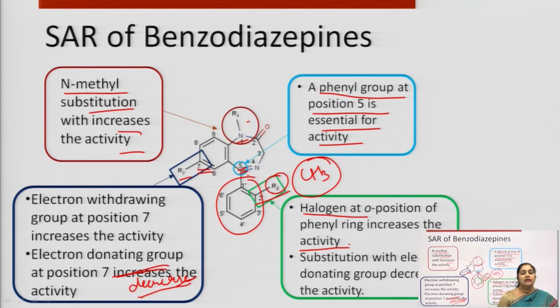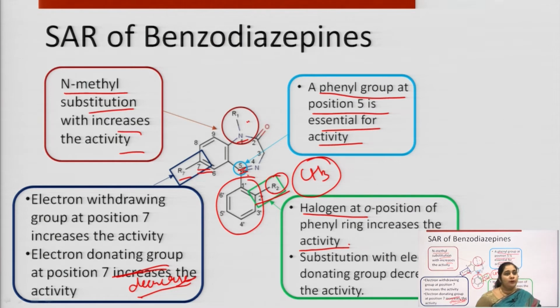So, when we talk about structure activity relationship of benzodiazepine, we have 4 different targets. First one is the nitrogen at first position, then the second one is the phenyl at position number 5 of the benzodiazepine ring. The next one is the R2 dash position of the phenyl ring, which is a substitution at position number 5, and then the R7 position of the fused benzene ring.